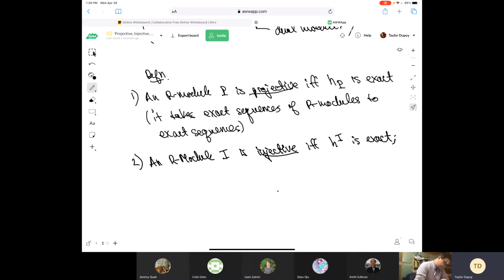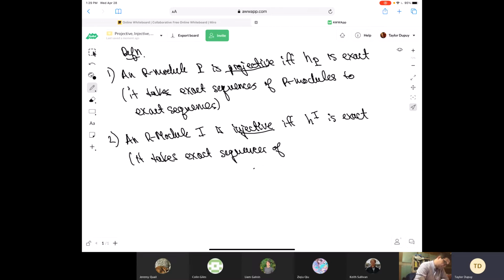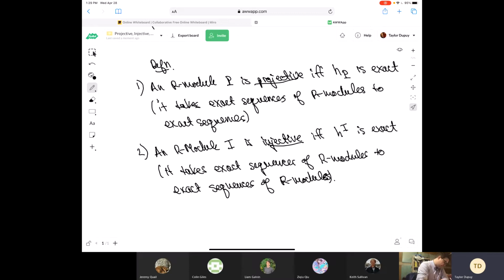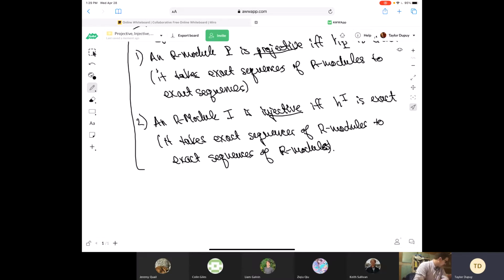This means that it takes exact sequences of R modules to exact sequences of R modules. Okay, so this is the definition of what an injective and a projective module is.